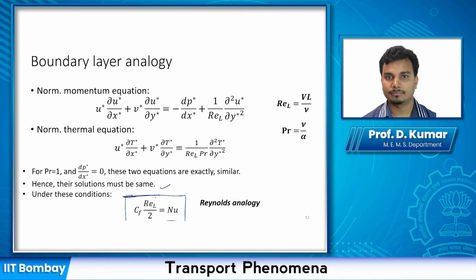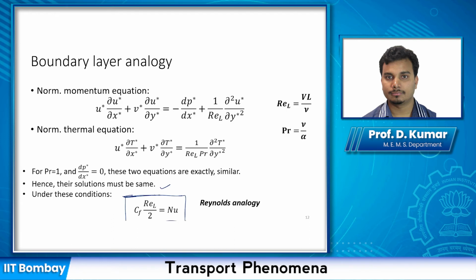Okay. From an experimental point of view, this is very important. Heat transfer experiments may be easier to do. So if you know a Nusselt number for a given situation under these conditions, then you can actually find the friction coefficient. So you don't have to do the experiments or measurements for friction coefficient.